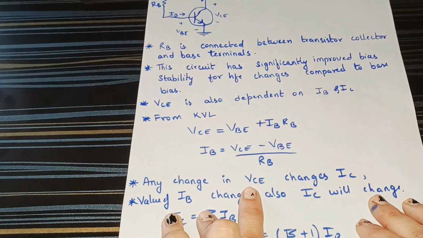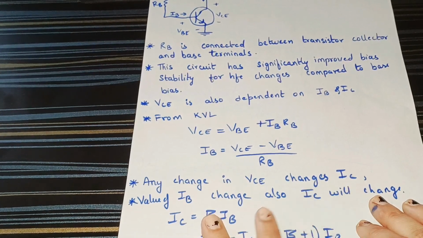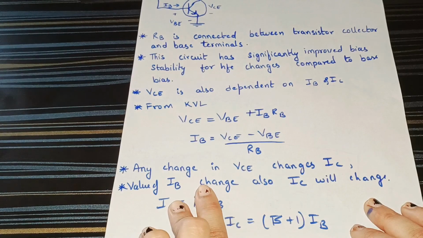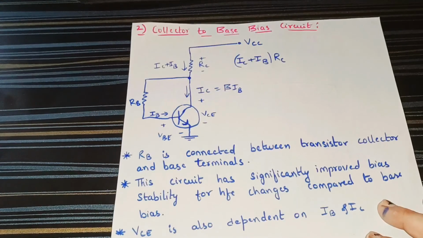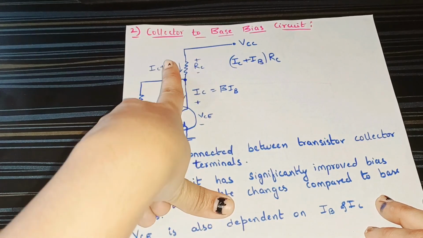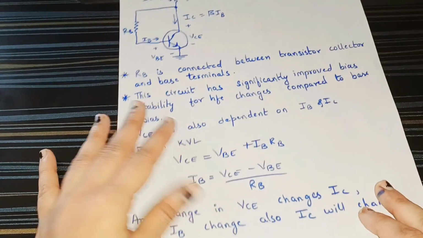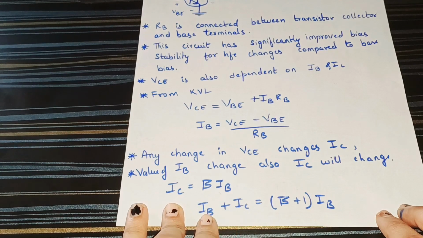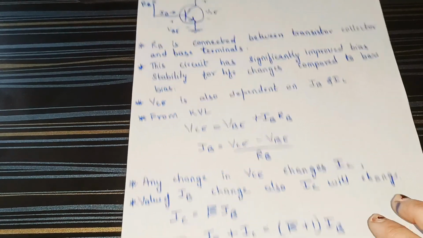Any change in VCE also changes the current across the collector. The value of base current will change when the collector current changes. So whenever there is a change in IB or IC, there is a simultaneous effect on both. So IC equals beta into IB, and IB plus IC equals beta plus 1 into IB.